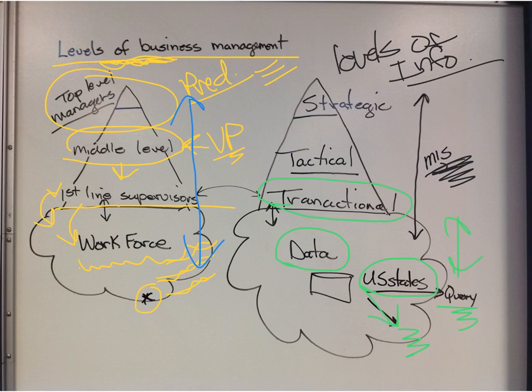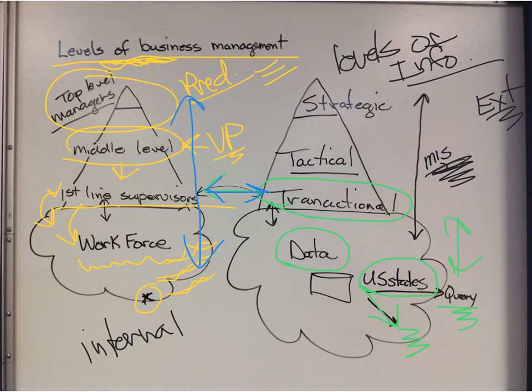These people could be internal, people running the company, or we could send information to people external to the company, like you coming in a website, like we showed earlier, and getting some information from the company. So, transactional. Typically, first line supervisors do transactional type things.